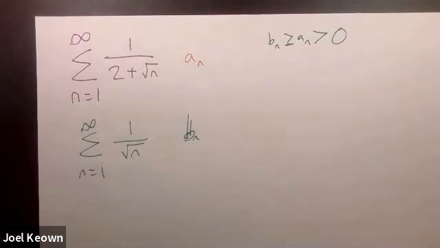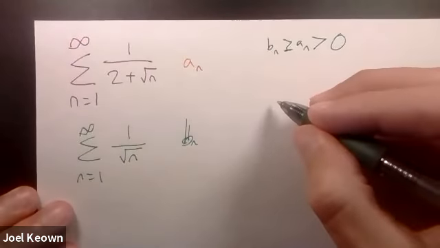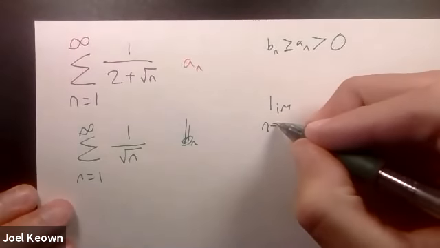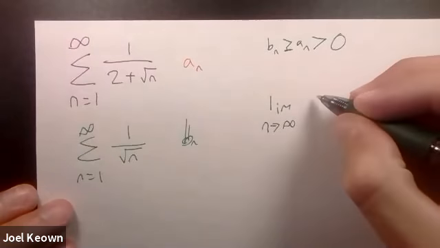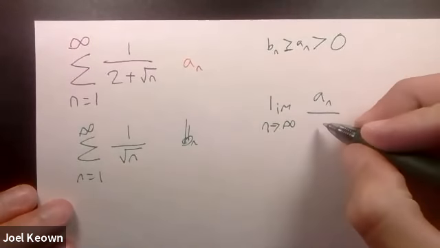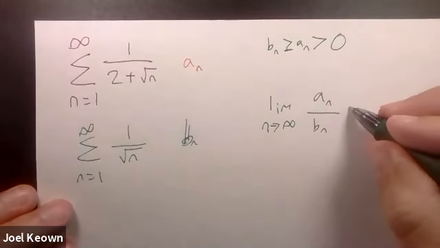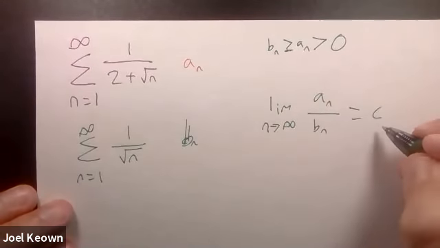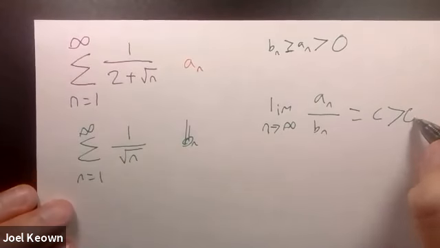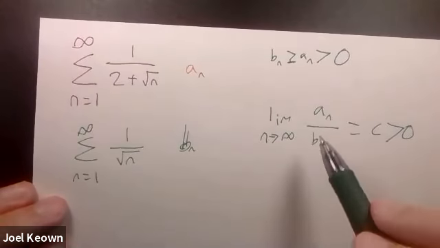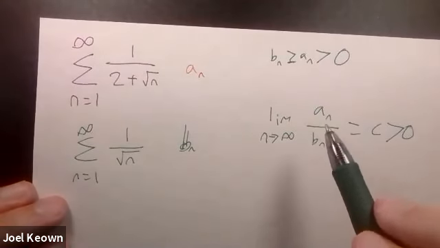Now I used the limit comparison test, that said we do the limit as n approaches infinity of a sub n over b sub n, and we want that to be equal to a c value that's greater than 0. If that happens, they're either both divergent or both convergent.